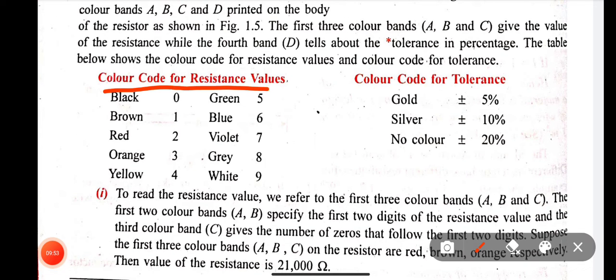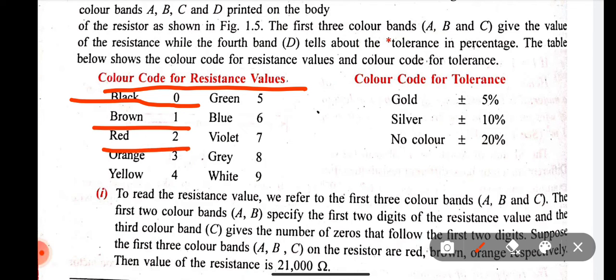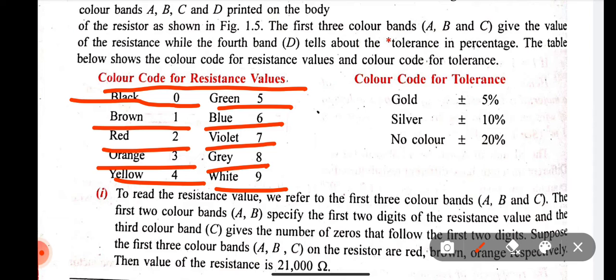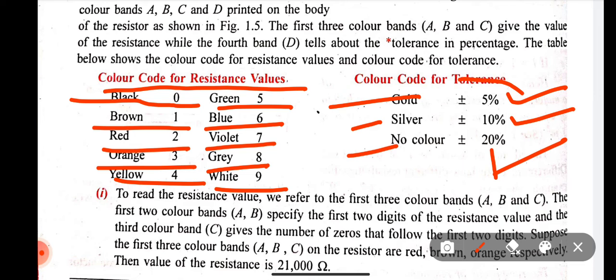The color code for resistance value is: black for 0, brown for 1, red for 2, orange for 3, yellow for 4, green for 5, blue for 6, violet for 7, gray for 8, white for 9. And this is the color code for tolerance: gold for plus minus 5, silver for plus minus 10, and no color means plus minus 20. Tolerance means the value can be increased or decreased.